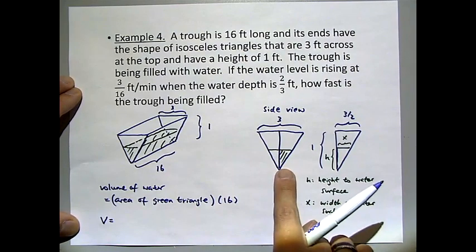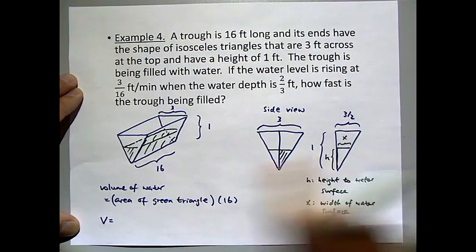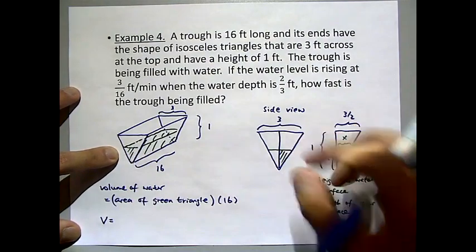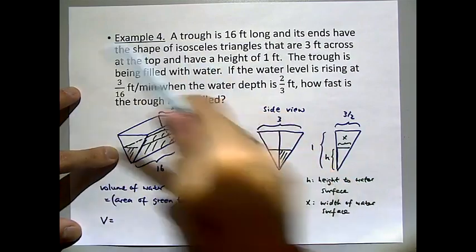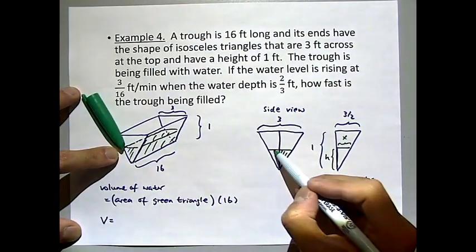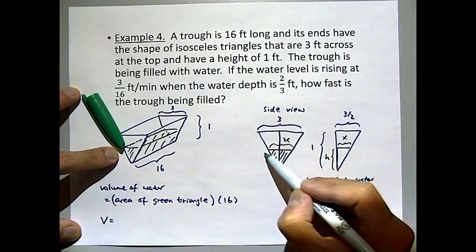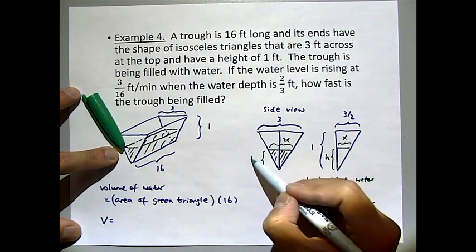Okay, the green triangle, here's half of that. Remember, triangle area is 1/2 base times height. So this is 2x. The height is h.